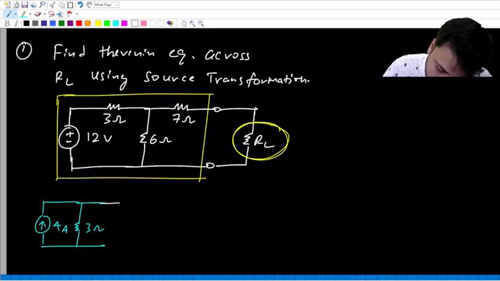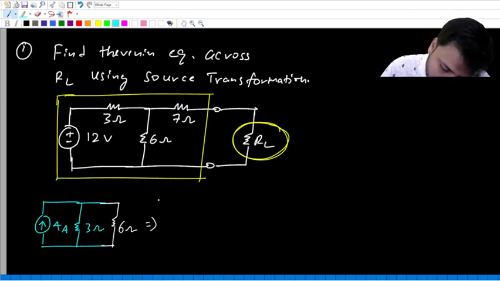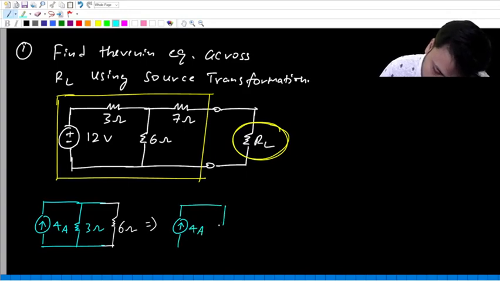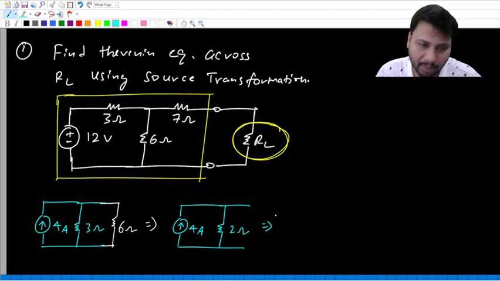But then you have the original 6 ohm resistor. So 3 parallel 6 is 6 into 3 by 9, that is 2. So this is the same as 4 amps in parallel with 2 ohms.